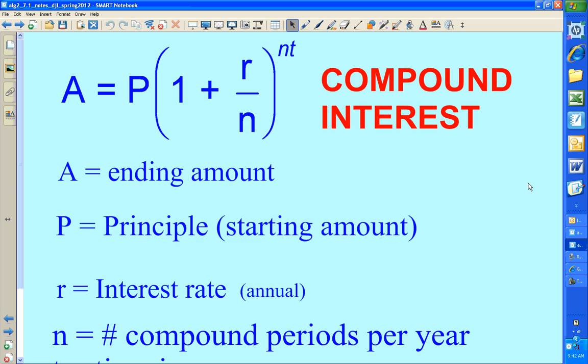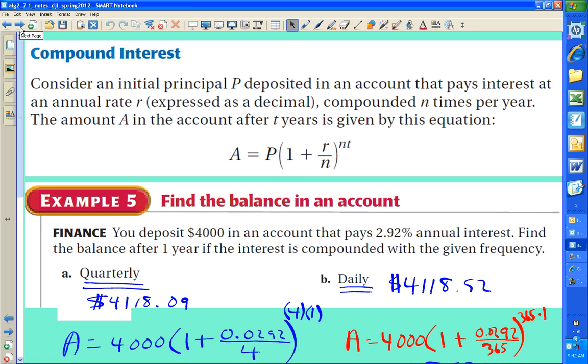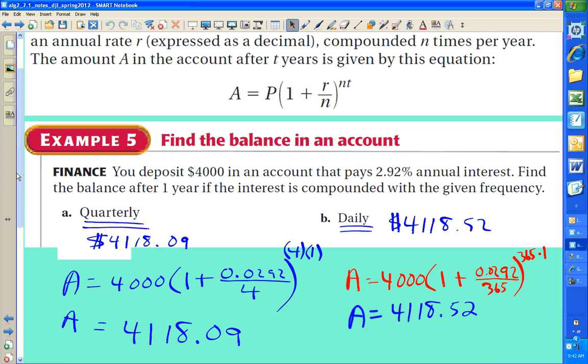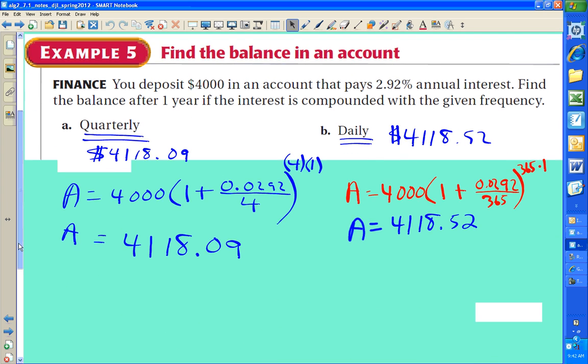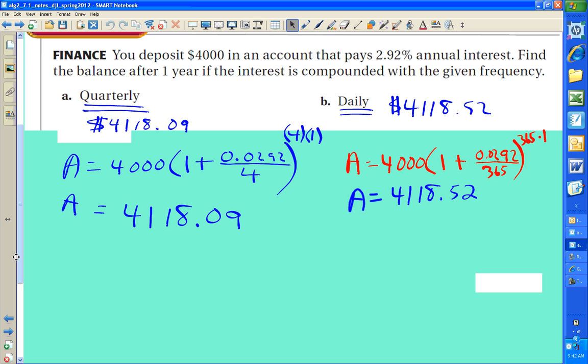So let's look at an example, okay? And we'll take a look, same formula just from the book. So here's your example right here. You have a $4,000 investment, pays 2.92% annual interest, and you want to find out how much money you have after a year.